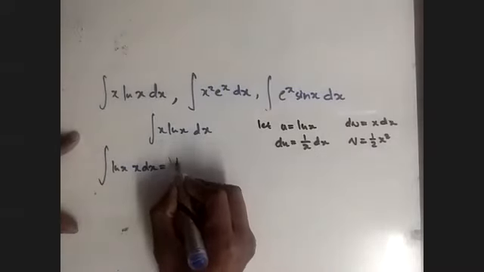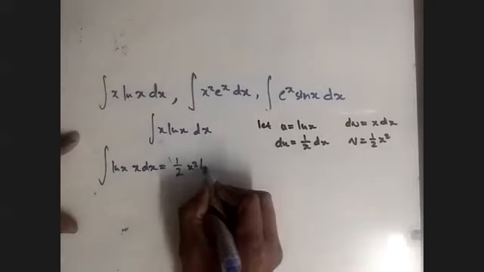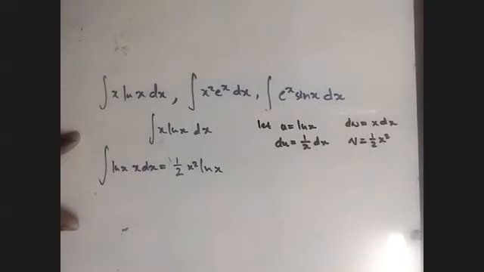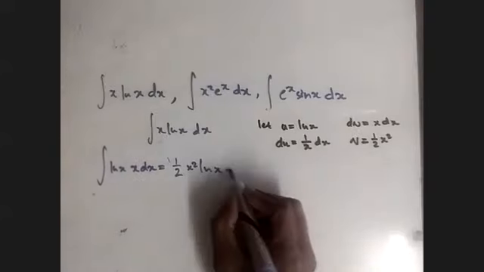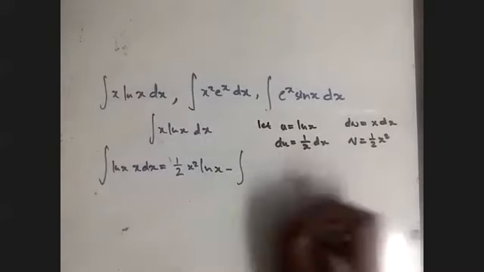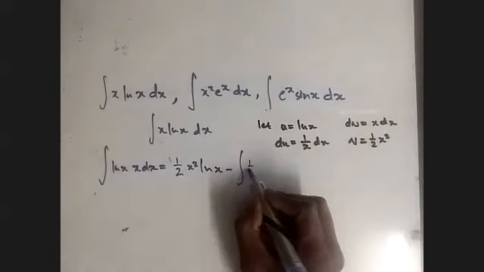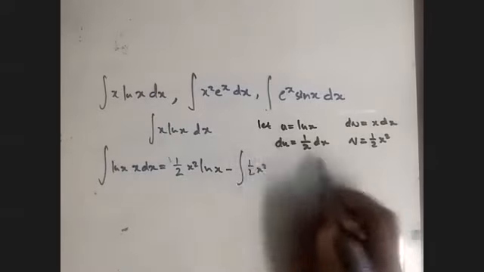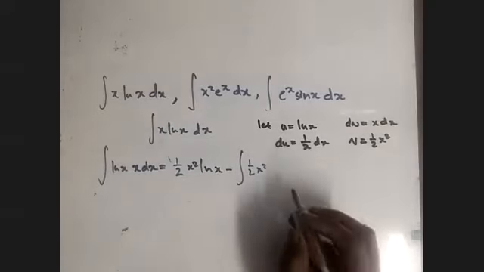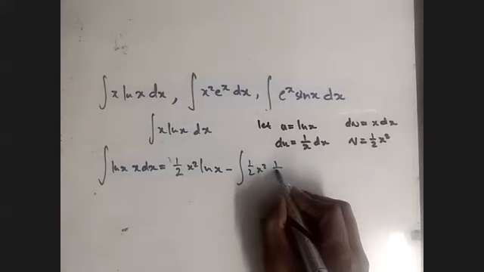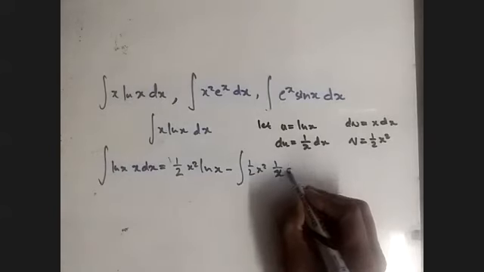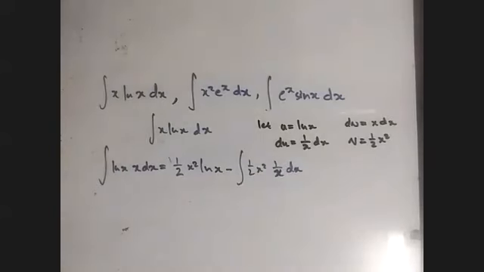What we're going to have is 1/2 x squared ln x minus the integral of v, which is 1/2 x squared, times du, which is 1/x dx. If you guys don't understand anything, please let me know.